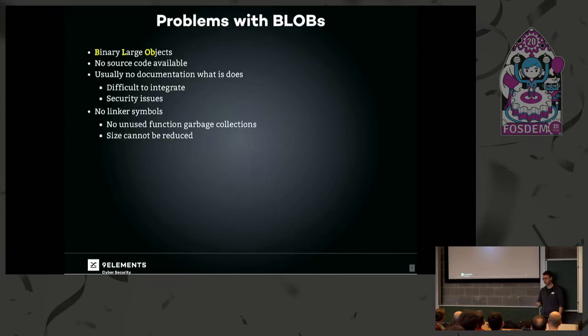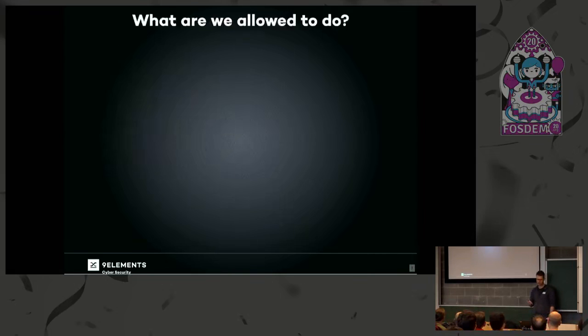That means you always have to use the whole blob, even though you only need a single feature out of it. There's no garbage collection, and the size cannot be reduced. Also, debugging is quite difficult. Usually there's no debug output because that would increase the size, and I guess it would give insights into what the blob actually does.